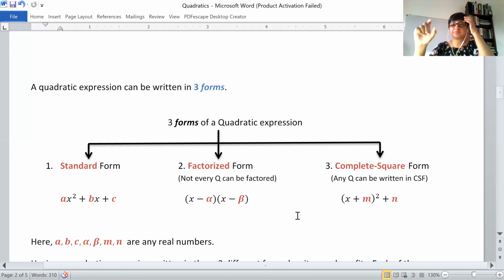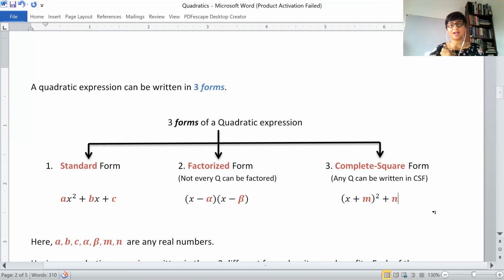Okay. So the complete square form, what do you mean by complete square form? It looks like this form. Here I have written it. When you turn a quadratic expression into complete square form, it takes this format. What is the format? X plus a number, squared. So there is a square term. All the x terms have gone into a square term, and then a number plus n.